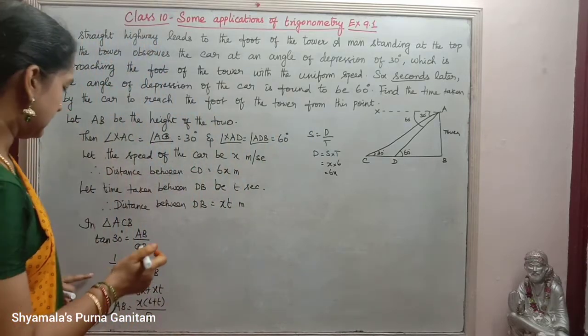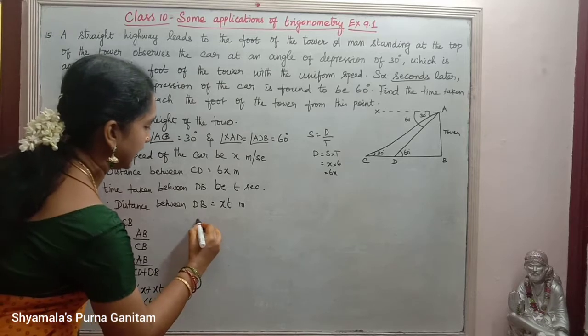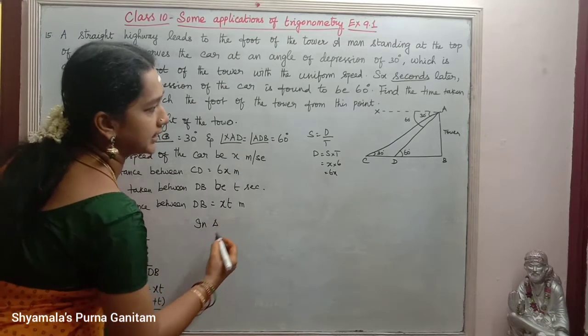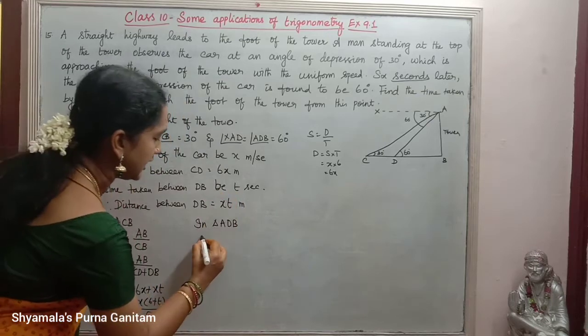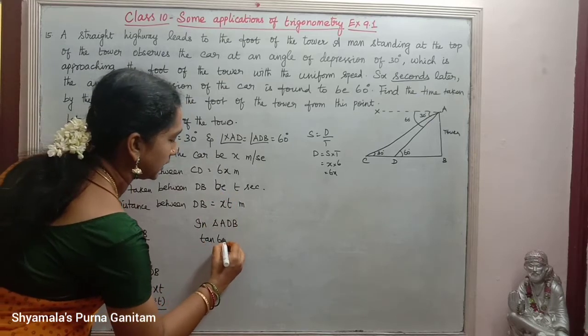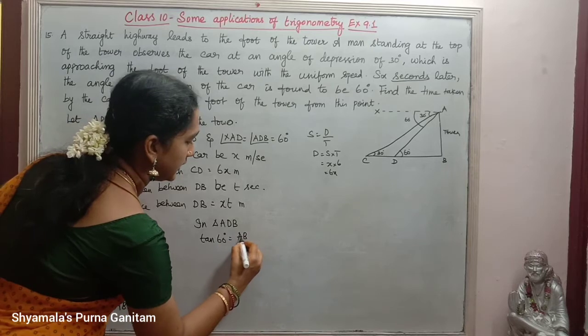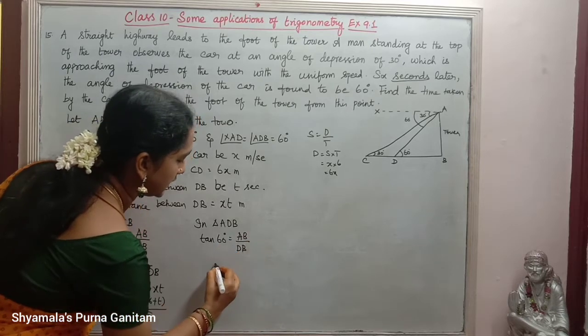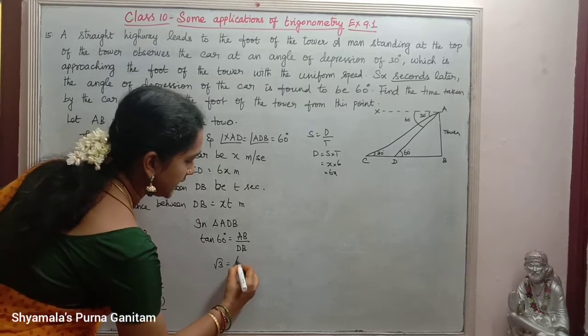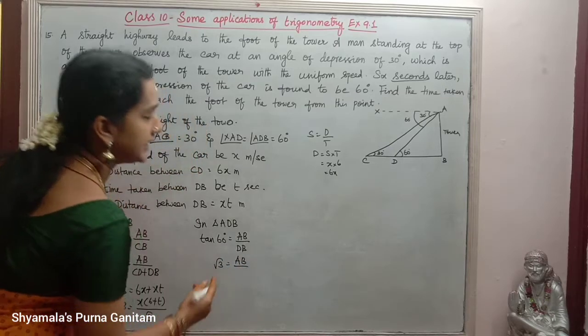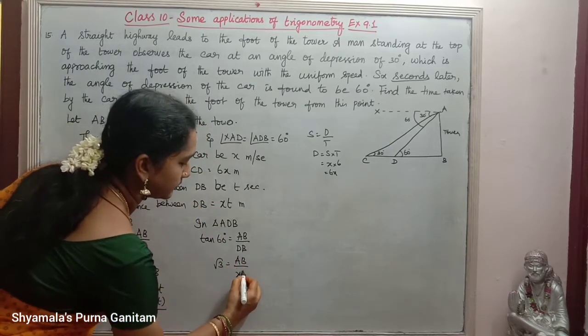Next, we will take another triangle. In triangle ADB, tan 60 is equal to AB by DB. Tan 60 is root 3, equal to AB by DB, which is xt.